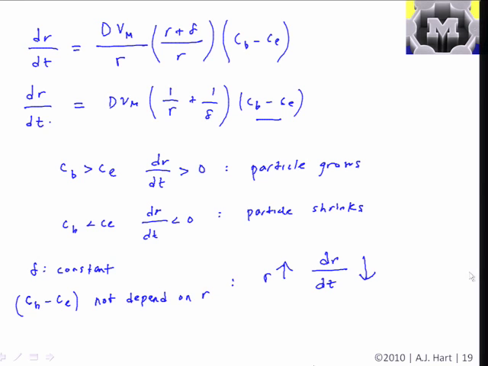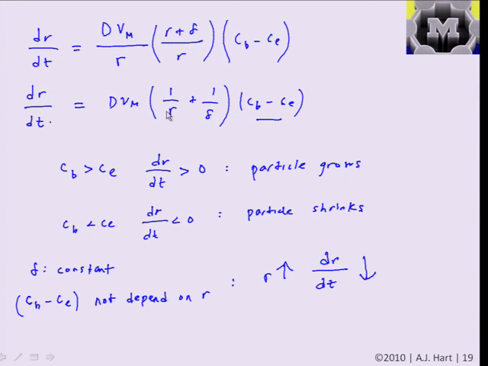In other words, if this term is changing and the other terms are constant, as 1 over R gets bigger, dR/dt gets smaller.